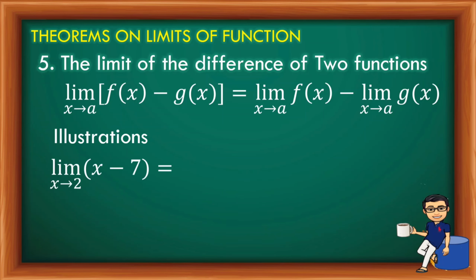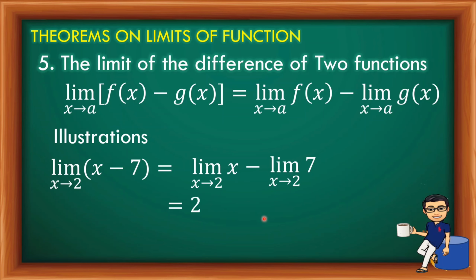How about this example? The limit of x minus 7 as x approaches 2. That means to say, getting the individual limits of this again. So limit of x as x approaches 2, minus limit of 7 as x approaches 2. Applying again theorem 2, the approaching value of x will be the limit.